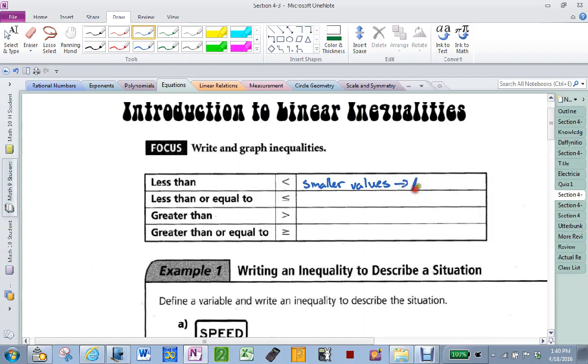They exist to the left of any point on the number line. Everybody cool? All right. Less than or equal to. What does that mean? So it can be equal to or less than. Right. So it is less than and including. So it could be to the left or not of any point.